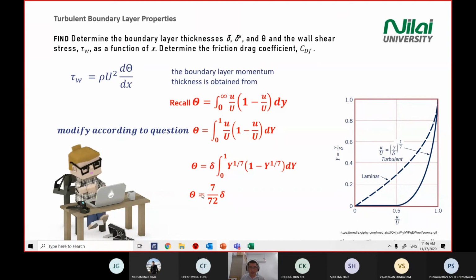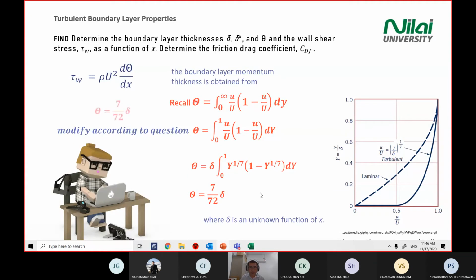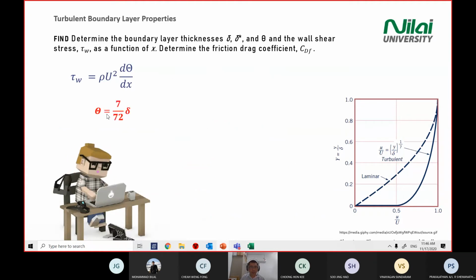Our momentum thickness equals a constant value times the thickness. Then you pull to one side and we can start developing our equation. Pulled to one side, you only see these two equations. Shear equal to rho u square d theta over dx. Theta equal to 7 divided by 72 delta.